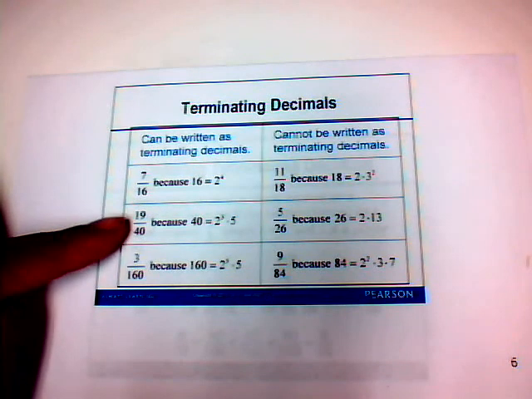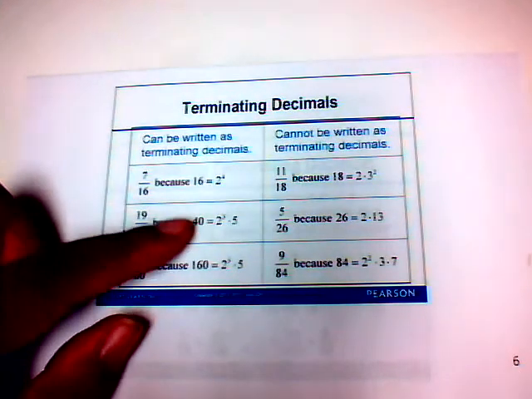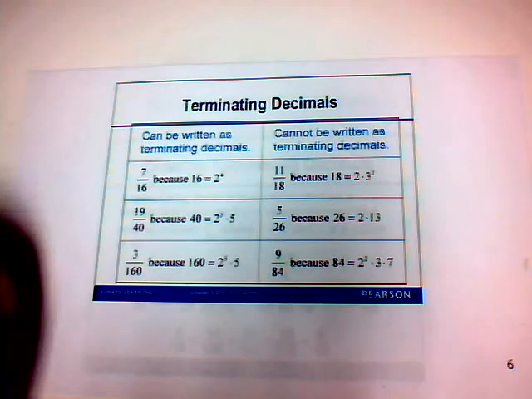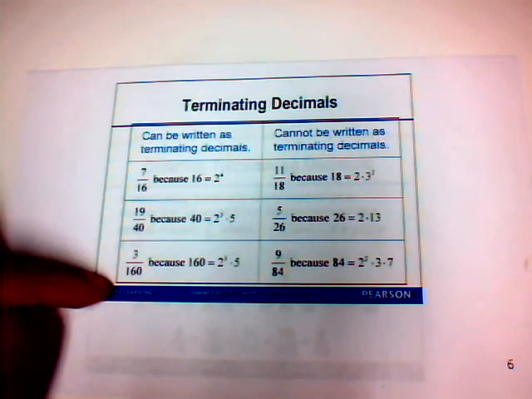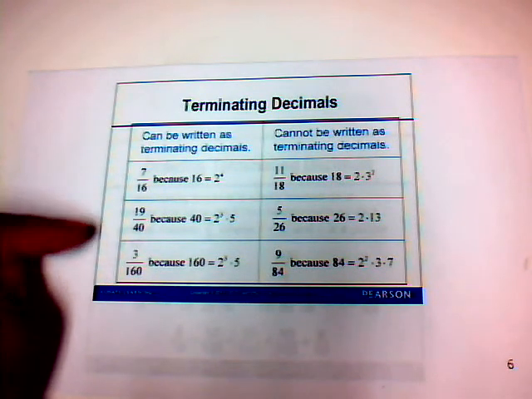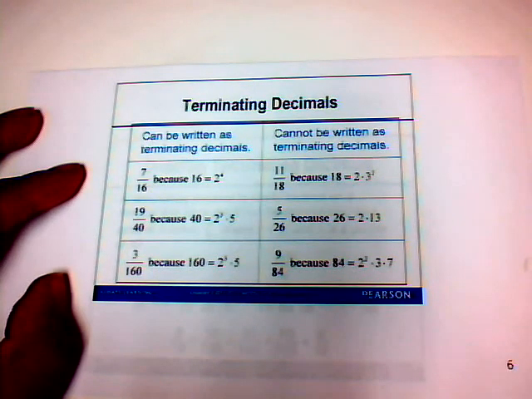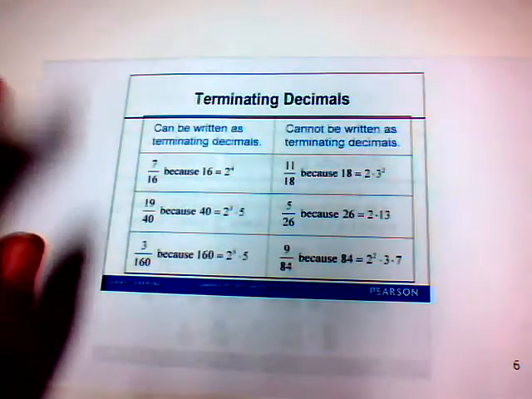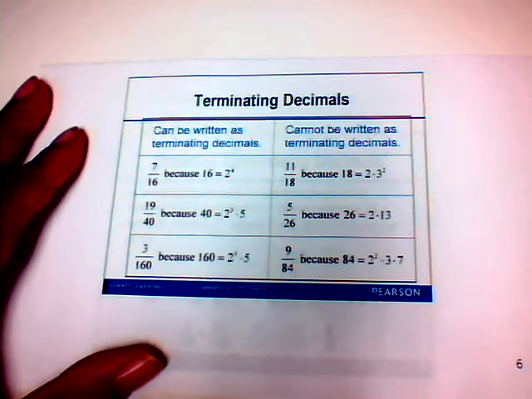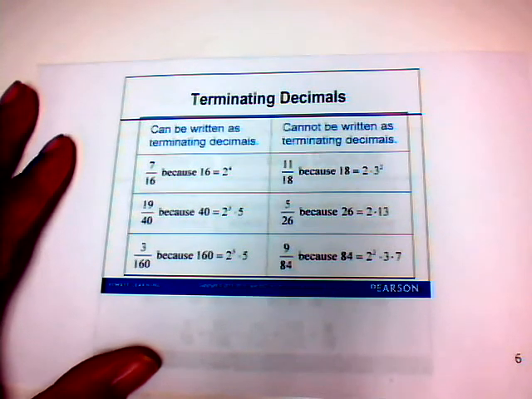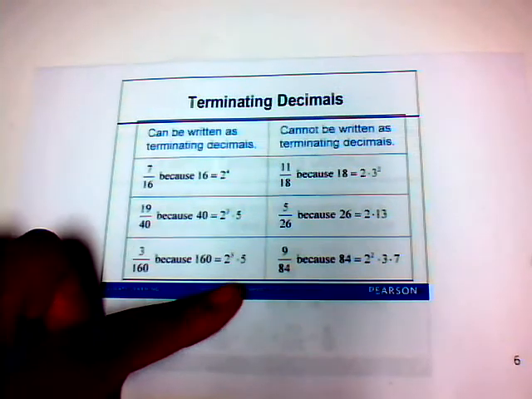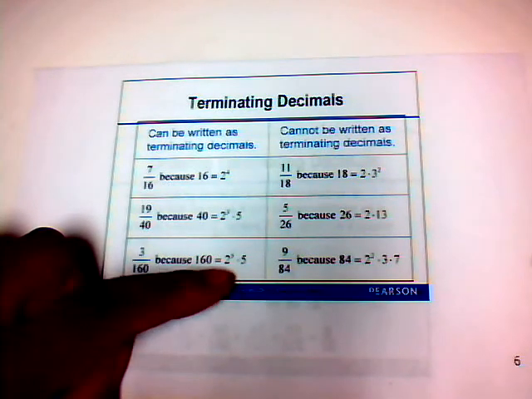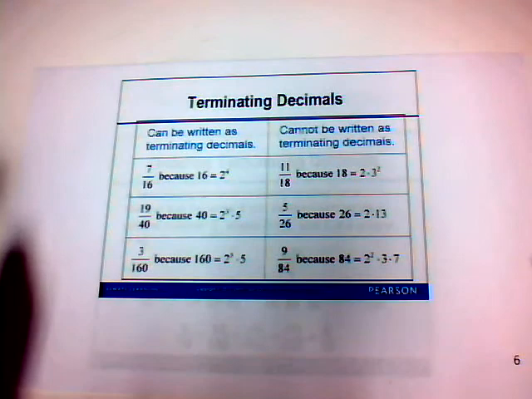Again, this has no primes other than the number 2 and the number 5. Same thing for 3 over 160. That too can be written as a terminating decimal because 160 is 2 to the 5th times 5. Again, there are no prime factors other than 2 and 5.